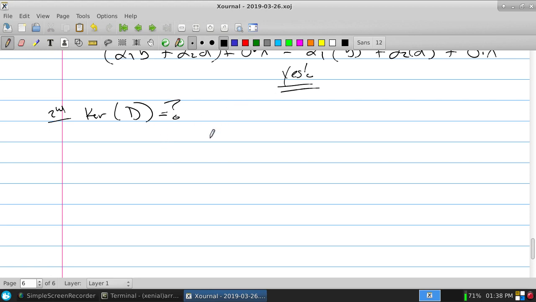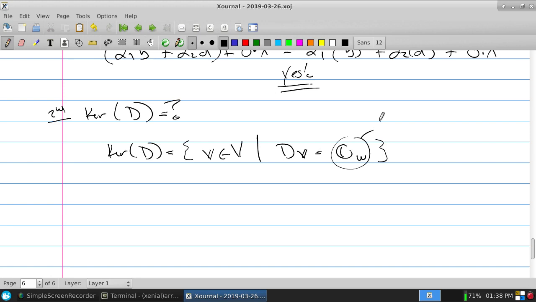The question is, the kernel of a thing is give me everything in your vector space such that D of that thing goes to the 0 object of the other vector space. Well, that is what? 0 plus 0x. And so what we're asking for is the derivative of what always spits out 0 plus 0x.